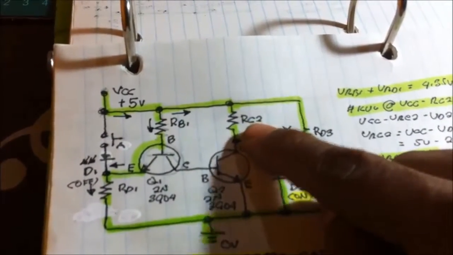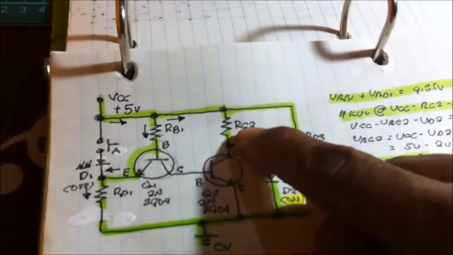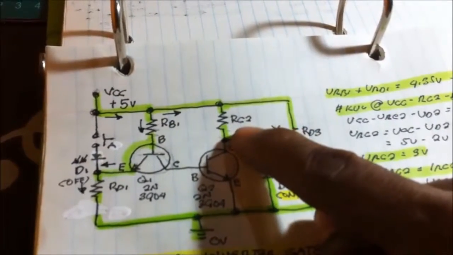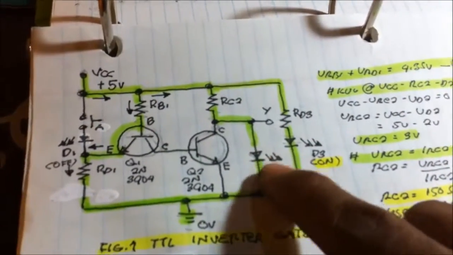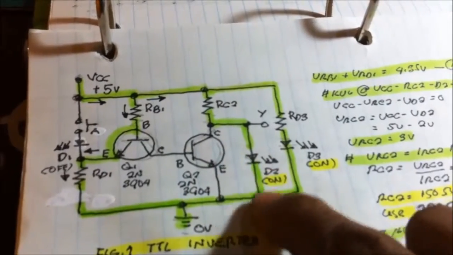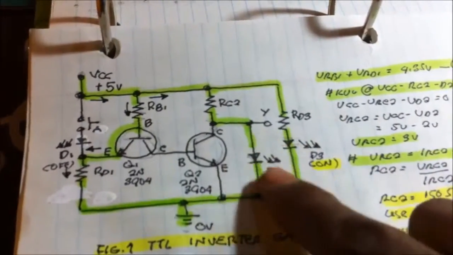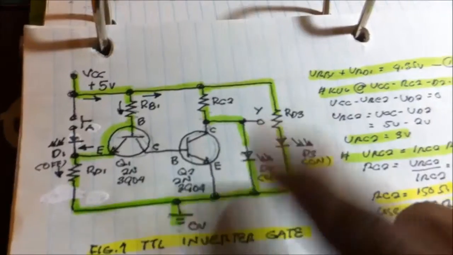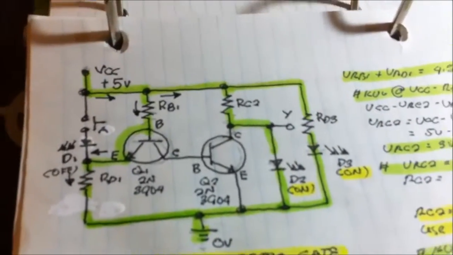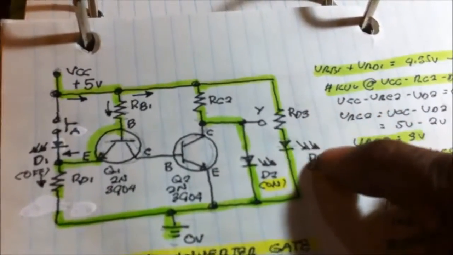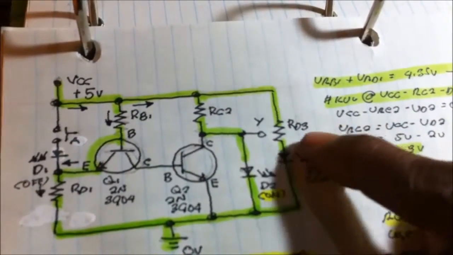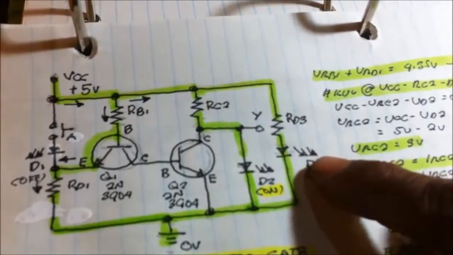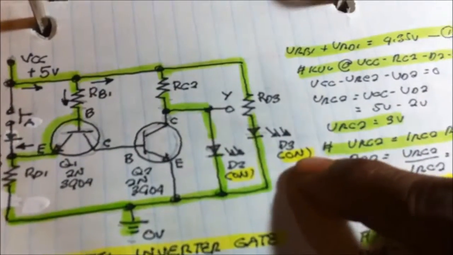We have here the collector resistor as a load resistor, and then we're taking the output at the collector to emitter to the ground. This is now our output side using LED, and we have here the power LED, RD3 current limiting resistor to the LED.